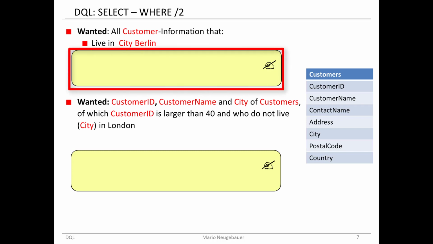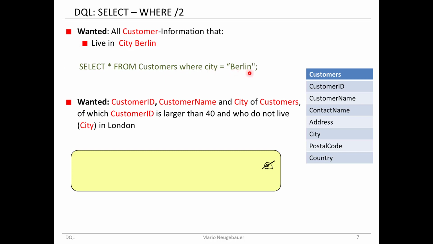The first solution is like that. Select star. We want all customer information from the customers table, where city equals Berlin. This is our condition, and we place our condition after the where. After the where, the condition is placed, and we say that city equals Berlin. This should be our condition.